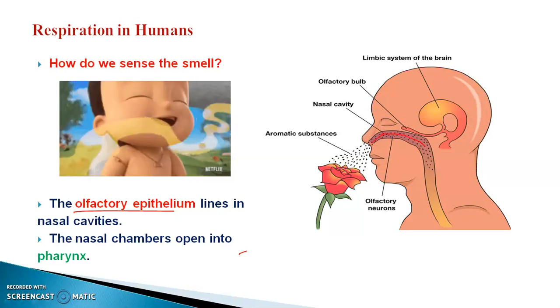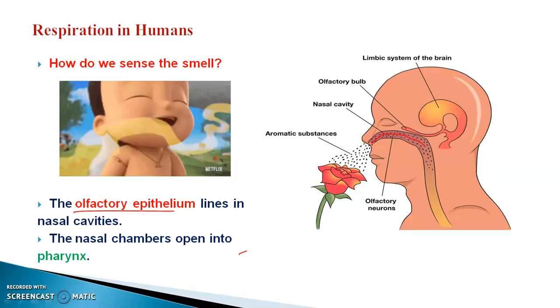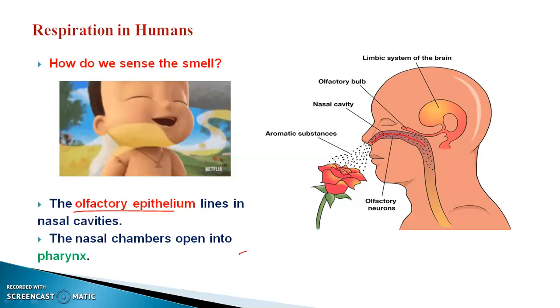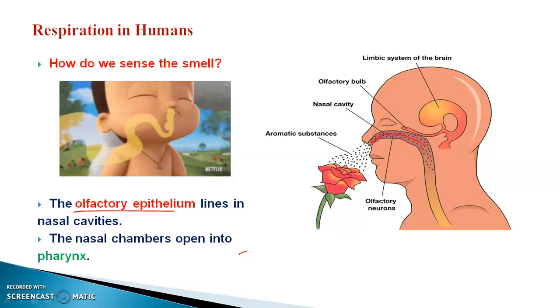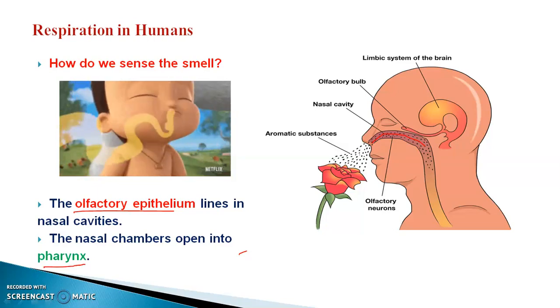These olfactory neurons transmit the signal to the brain, and the brain provides information like the sense of smell, whether it is a fruity smell, a citrus smell, or different types of smells. Finally, these nasal chambers open into the pharynx.